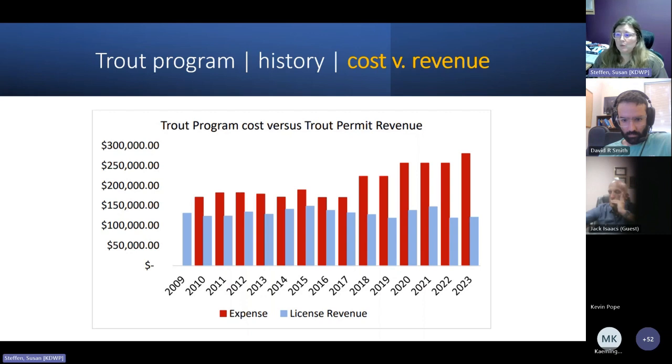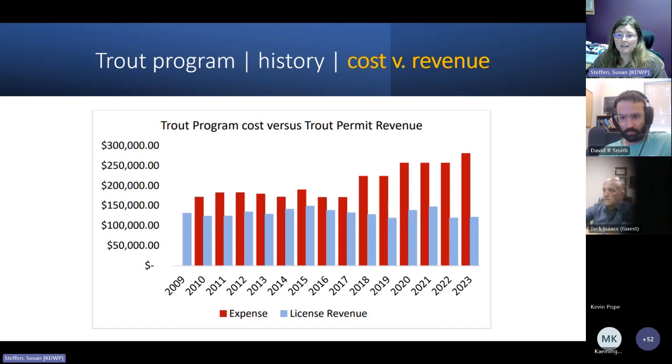As early as 2010, we were funding the project from trout permit revenue at about 80%. We were able to make up 80% of those costs. However, you can see over time that gap is getting larger. So now we're not even paying for that program at a 50% level.